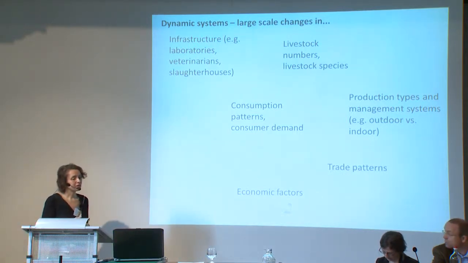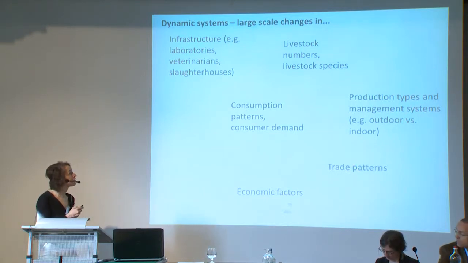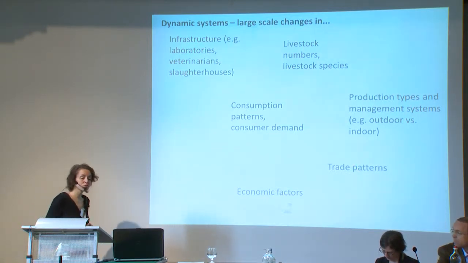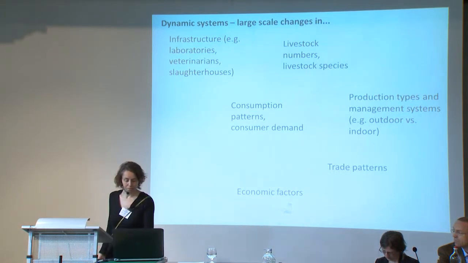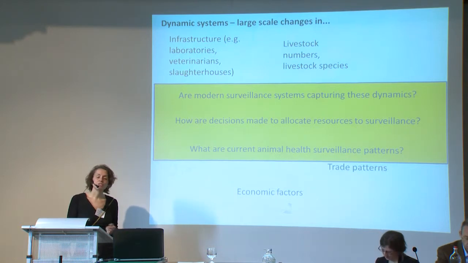This in turn has an impact on how we keep animals, the number of animals we keep and the species we keep, and also the type of housing, the feed and so on. In turn, that impacts our trade patterns and also has a massive influence on the whole infrastructure that we use to serve these systems. We then asked ourselves, are modern surveillance systems capturing these dynamics?